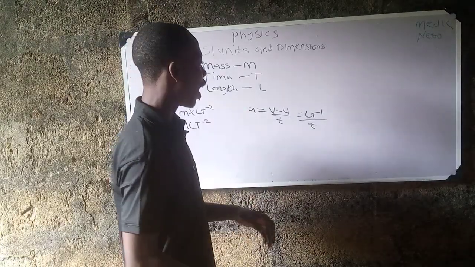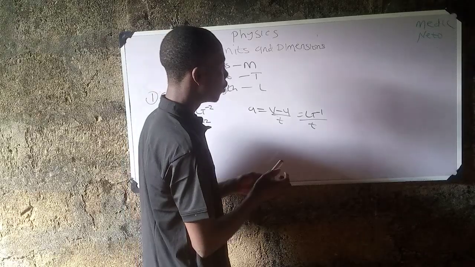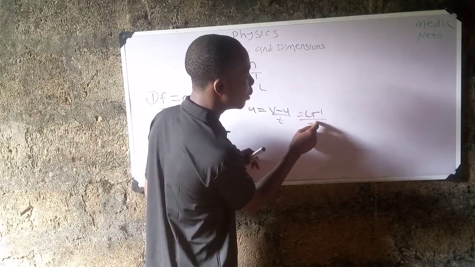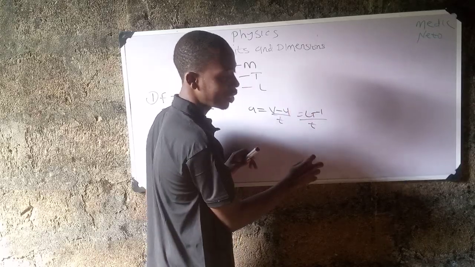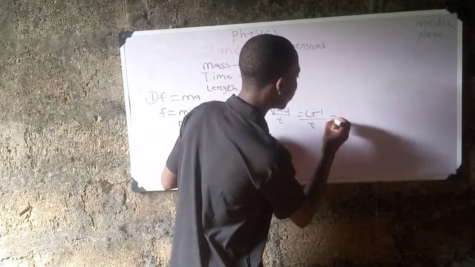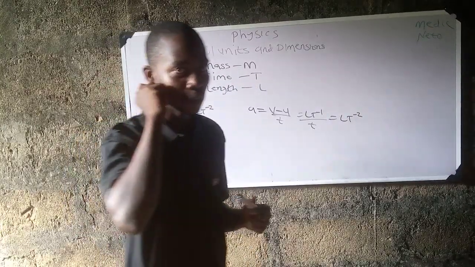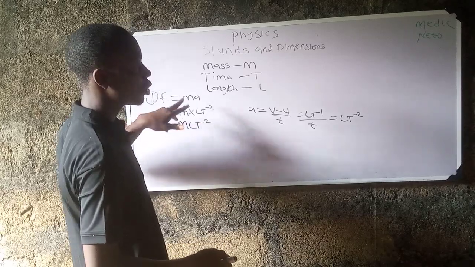When you are multiplying, you add the powers. Since there's no power here, I assume that there's an invisible 1 on top of this T. So minus 1 minus 1, because you're subtracting, will give you minus 2. That is where we got LT^-2 as acceleration. Do you understand now?